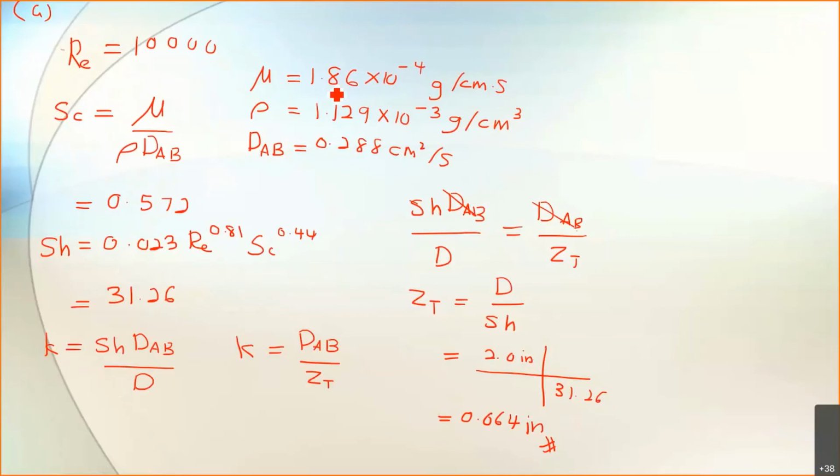The viscosity and density are of air, so they are the same values as before. But the diffusion coefficient of ethanol into air is different from that of water into air. The DAB value for ethanol in air is 0.145 cm squared per second.